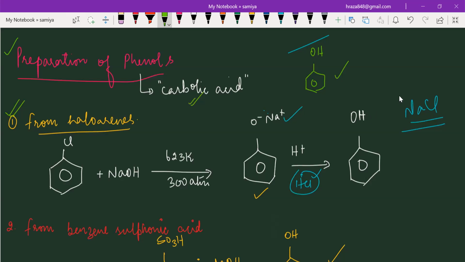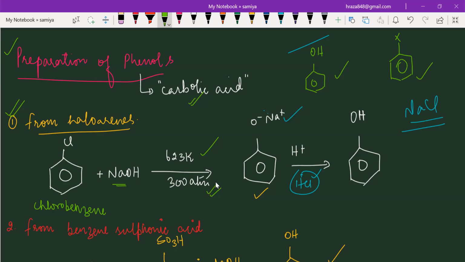As you already know, what is halo? That is X, and arene means benzene. Any halogen that is directly connected to a benzene group is called haloarene. So I just took chlorobenzene, and we prepared phenol from chlorobenzene. Chlorobenzene reacted with alkali, that means base, at 623 Kelvin and 300 atm pressure.